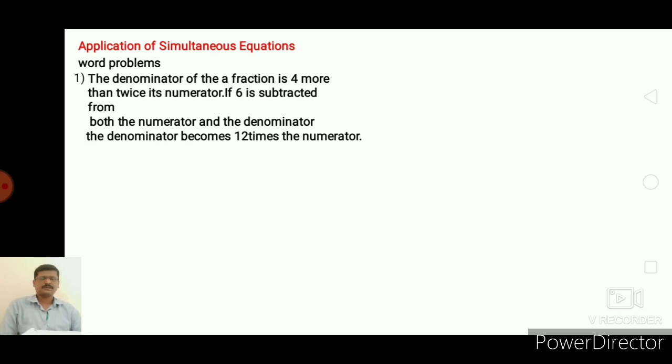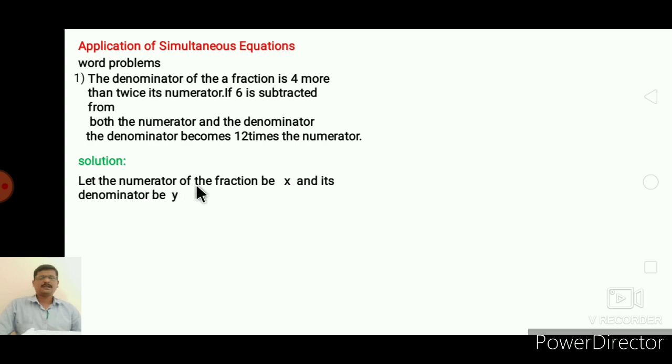So, denote these quantities by variables like x and y. Therefore, let the numerator of the fraction be x and its denominator be y.